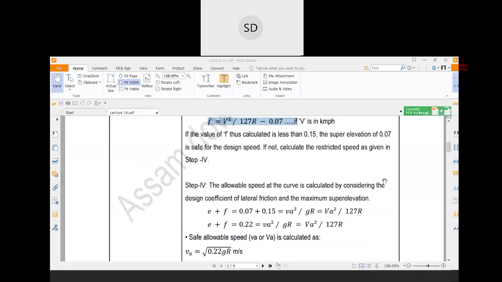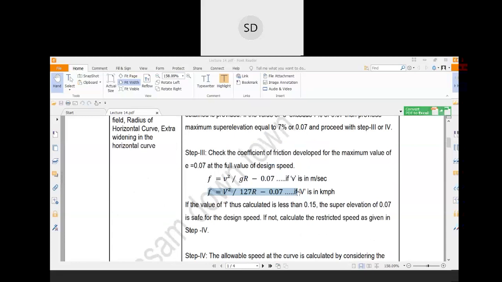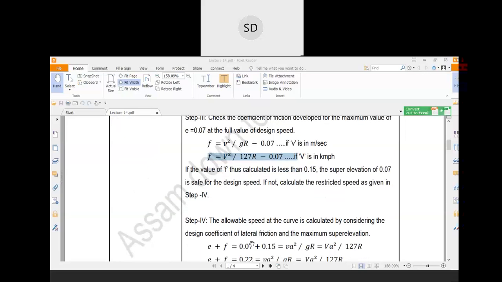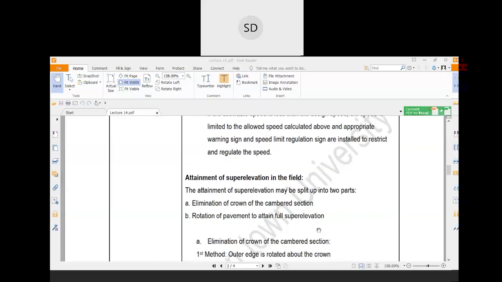So I think it is clear. Your problem is solved within step 3. Now, if your value is more than 0.15, in that case you have to go to step 4. So I think that portion is clear.